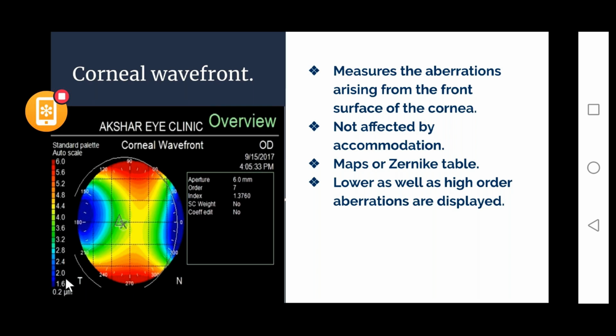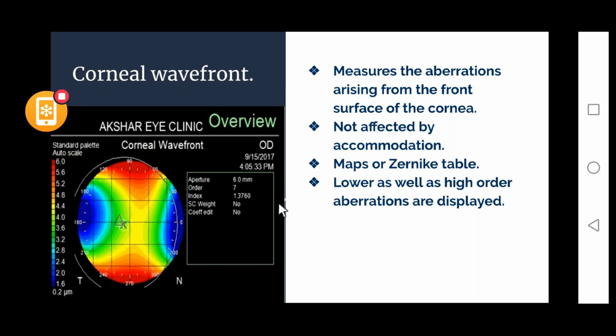If there are less positive or negative, it gives you cool values. Now, if you can see over here, there is an auto scale which is used, and each color shade signifies 0.2 microns. The aberrations are always measured in microns, because the differences between the ideal and the aberrated image are so small that they have to be measured in microns.